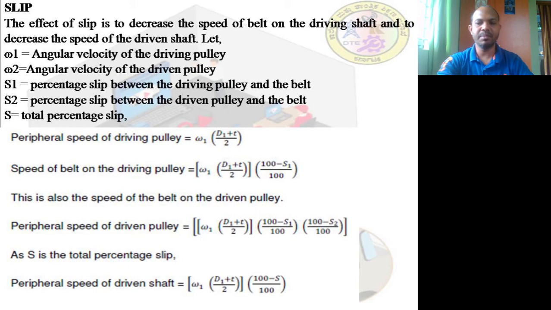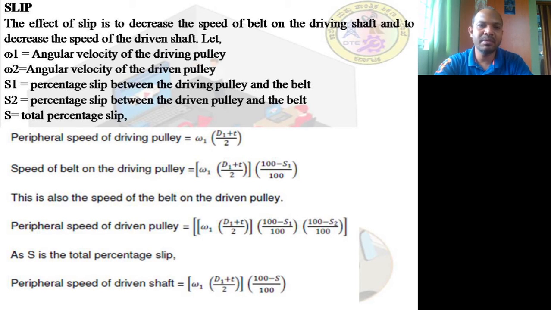Now the other important factor is slip. The effect of slip is to decrease the speed of the belt on the driving shaft and to decrease the speed of the driven shaft. Let omega 1 be the angular velocity of the driving pulley and omega 2 be the angular velocity of the driven pulley.